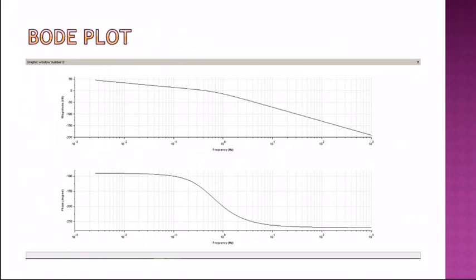So on the next, we have this bode plot. We can see that we have met the requirement, which is that we need to shift the phase by 30 degrees. So we can say that we have achieved the requirement that we need. Thank you.